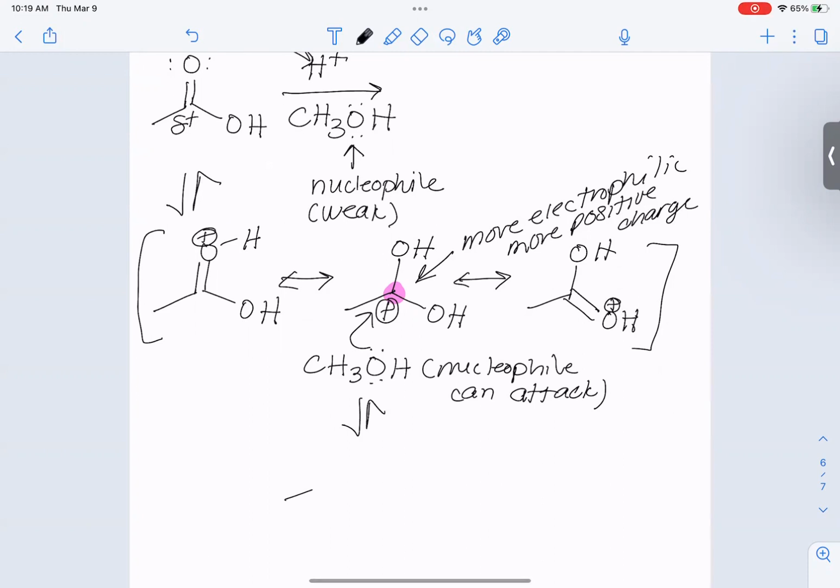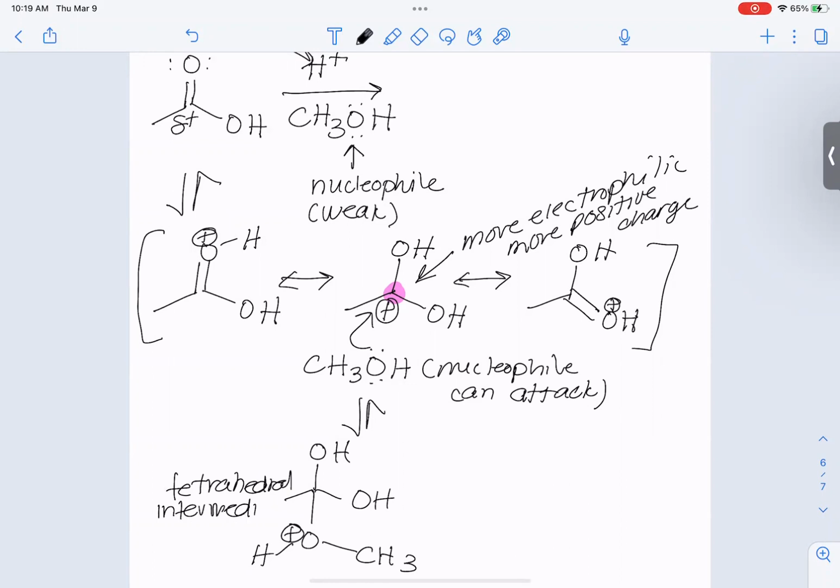And we are going to get a tetrahedral intermediate. So we can deprotonate this oxygen.